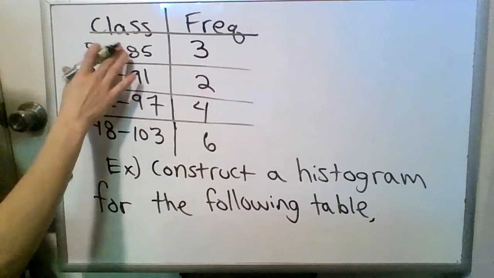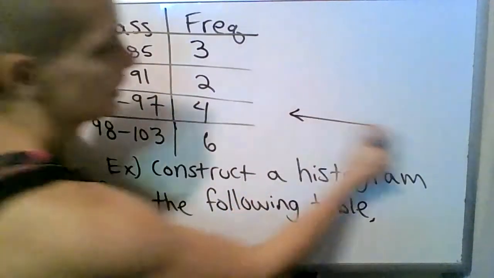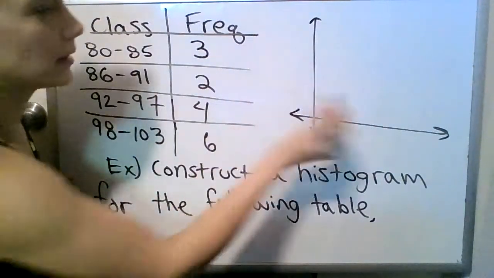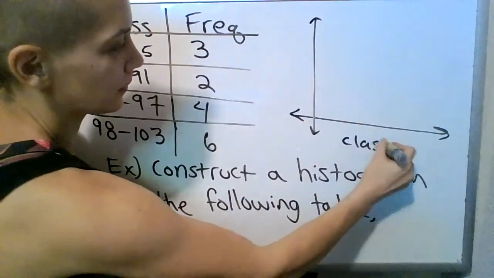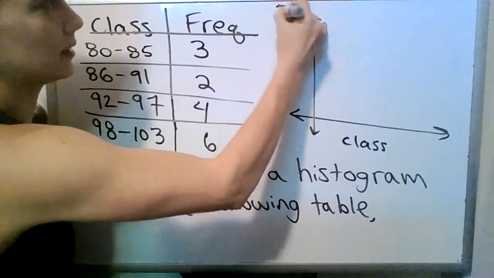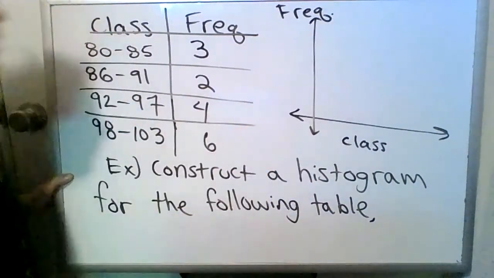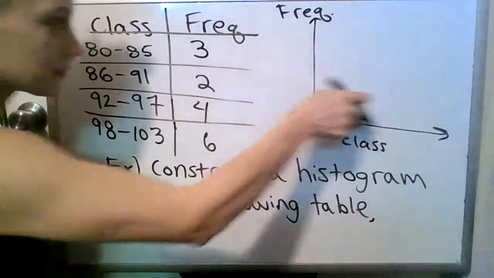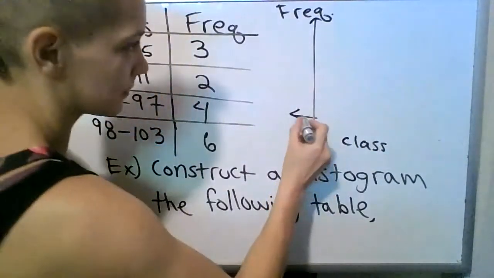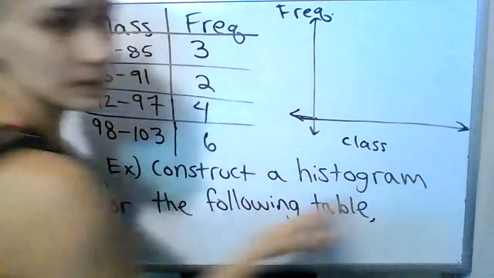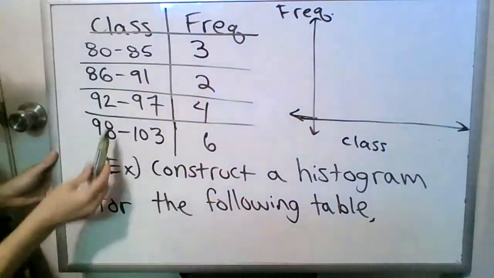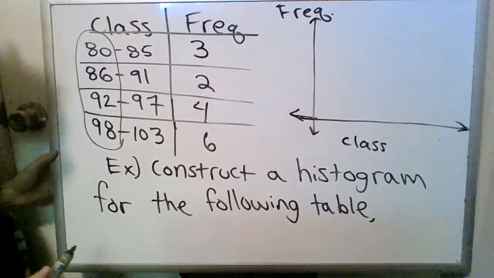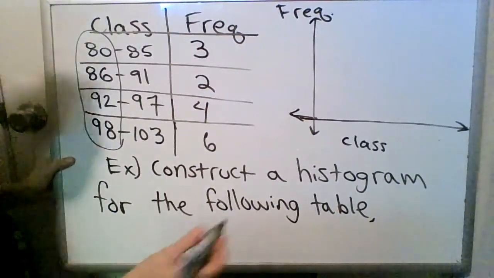Okay. I like to put the classes on the horizontal line and then the frequencies on the vertical line, but it doesn't really matter which is which. Okay, we're going to label these markers 80, 86, 92, and 104.